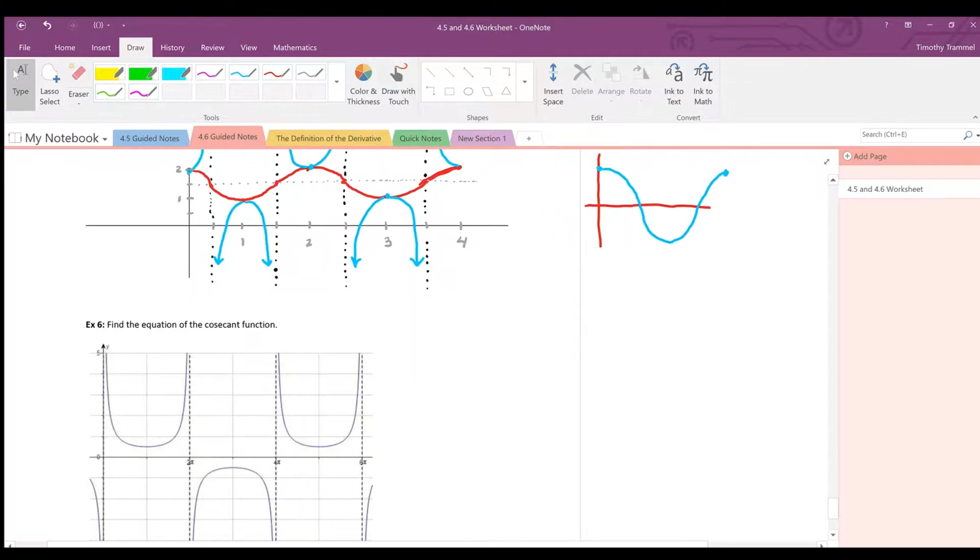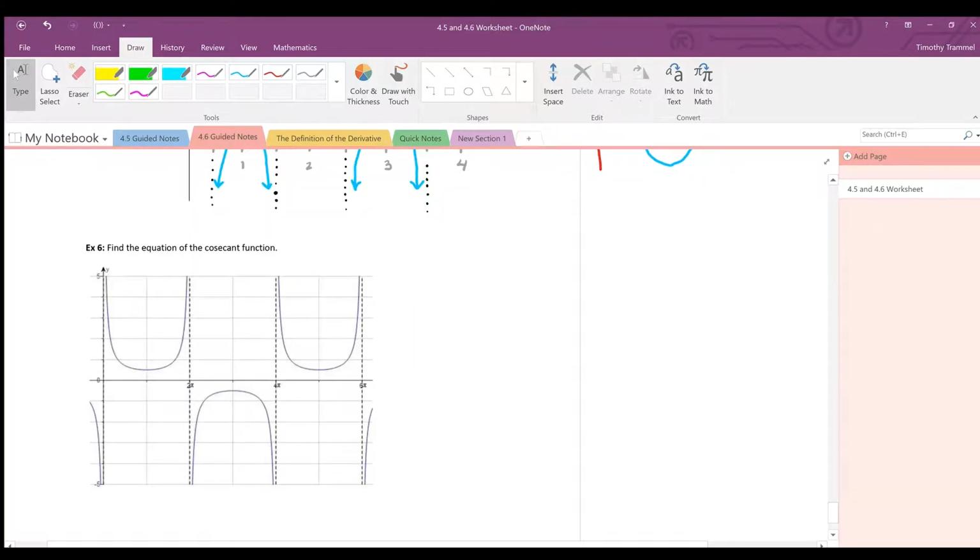And let's try the last one. Find the equation of the cosecant function. Well, let's sketch in the corresponding sine or cosine function here first. I'm just writing a little dot at the tip of each one of these. And let's see where we think the middle of the wave is at. It looks like it's on the x-axis.